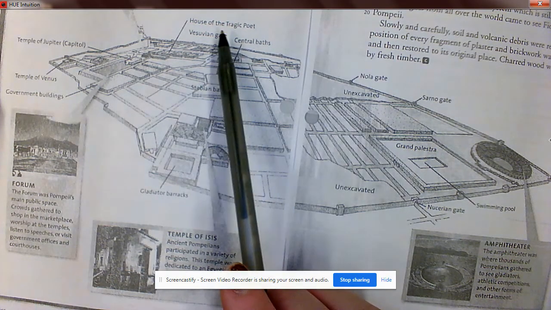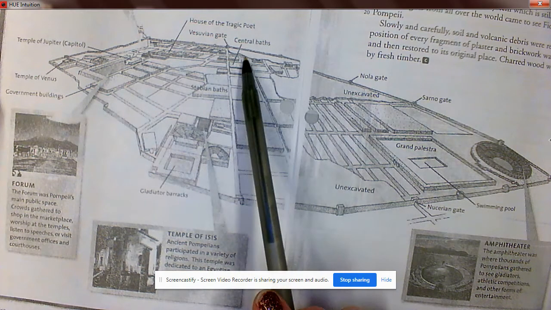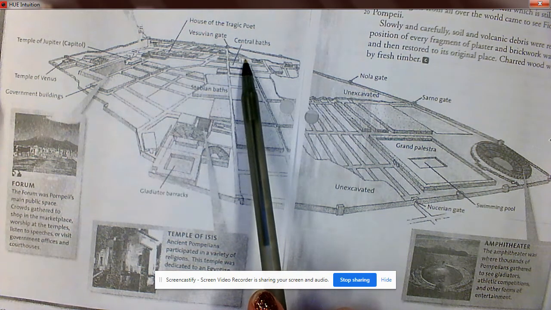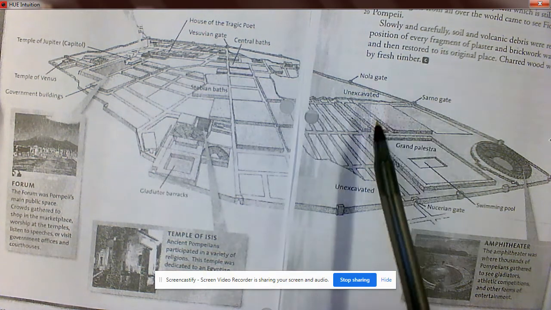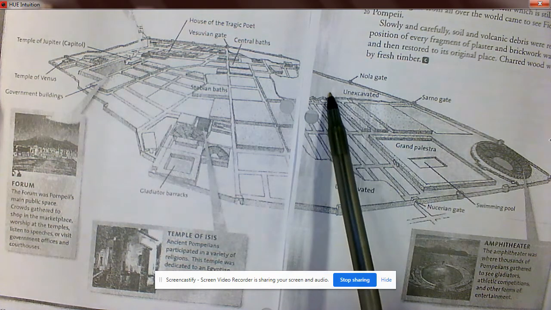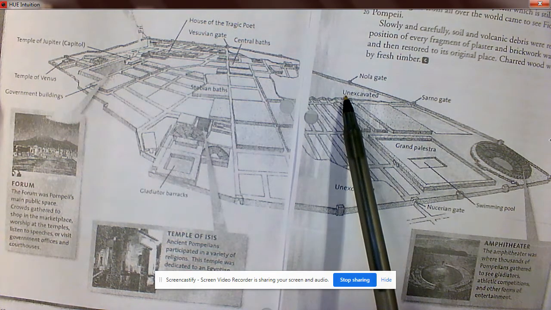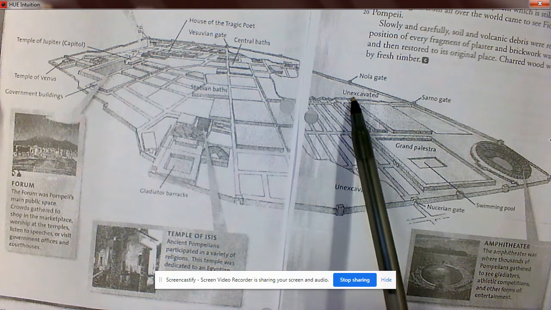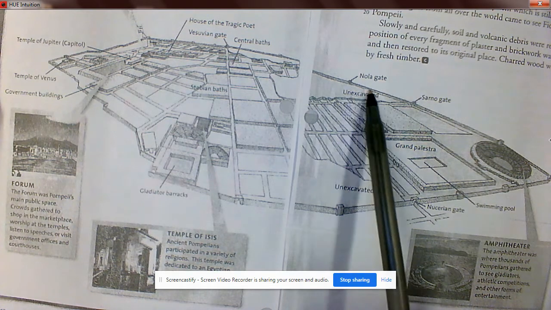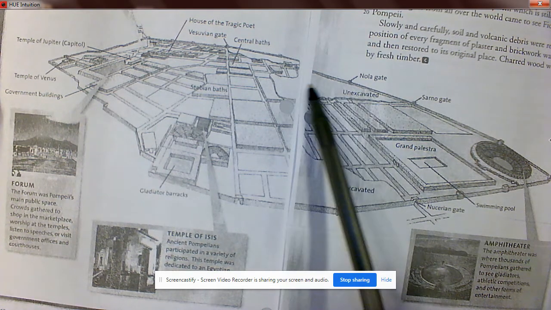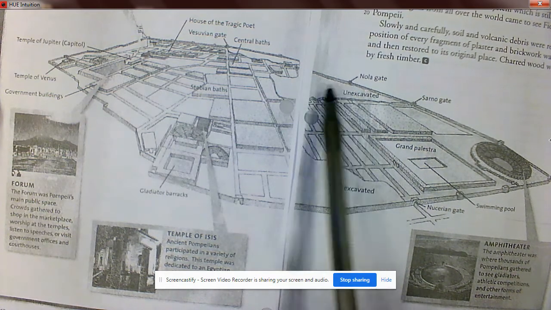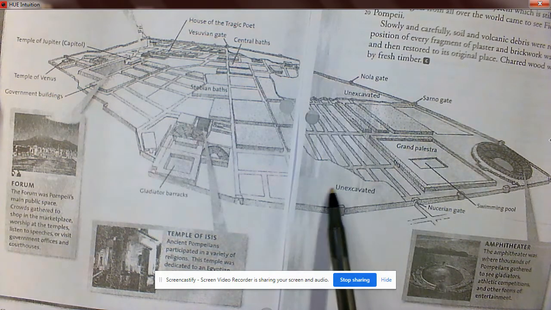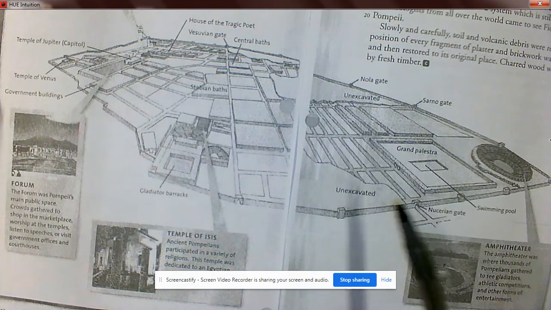The Vesuvian Gate, House of the Tragic Poet, the Central Baths, which were talked about in our story. Unexcavated, so I know that un means not, and the word excavated means to dig up. So they have not explored this part of the city, so it's still not uncovered. But down here, okay, they didn't uncover this either.